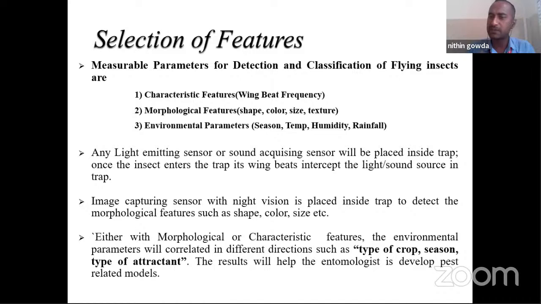Next one, environmental parameters. There are some fungi or harmful diseases, such as downy mildew that appears in grapes. So based on the parameters recognized, whether temperature is 28 degrees Celsius, humidity 80%, rainfall is 8 centimeters, season is spring, is it required to use some pesticides to avoid the downy mildew or not?